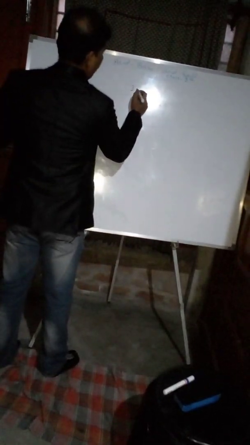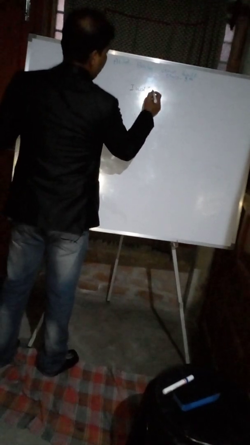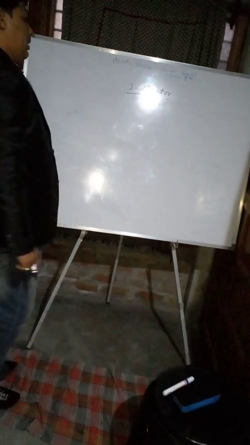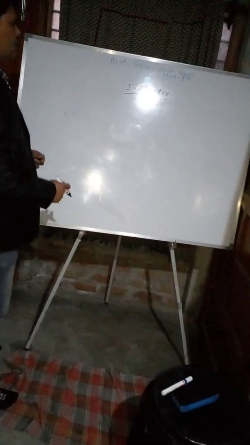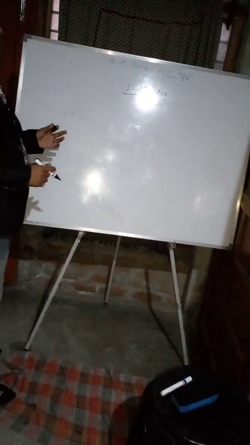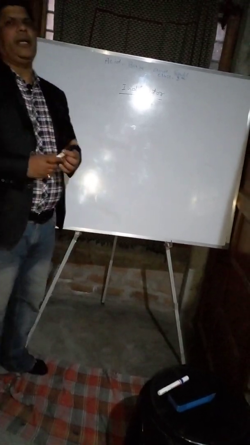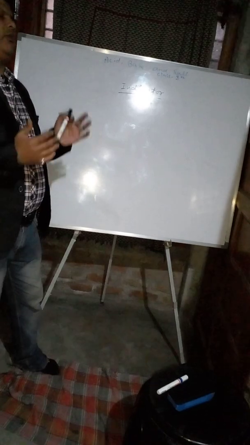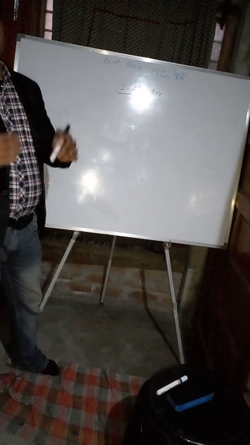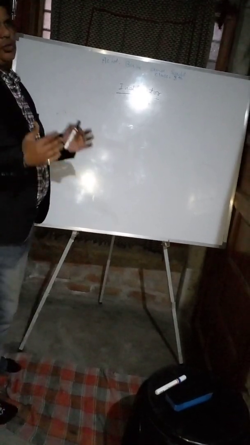Indicator. Indicator is a substance through which we can find out whether it is acid or whether it is base or whether it is neutral or common salt.